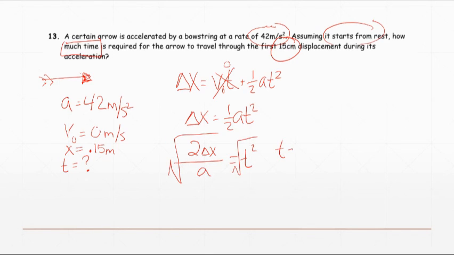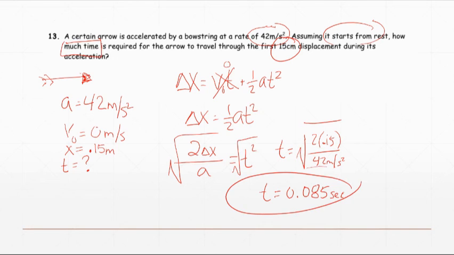So t is equal to the square root of 2 times 0.15 divided by my acceleration, which is 42 meters per second squared. And I'm going to end up getting that my time it takes is 0.085 seconds.